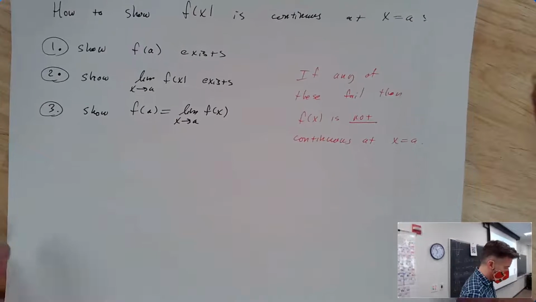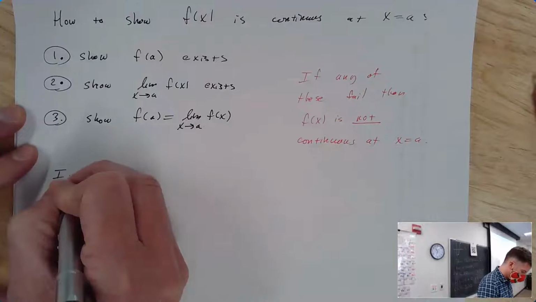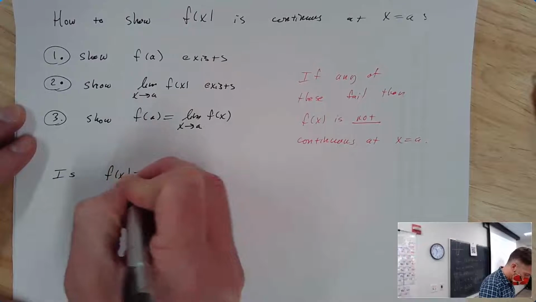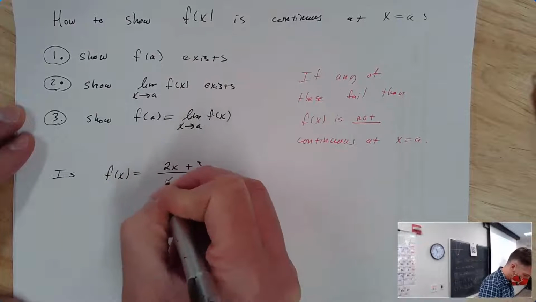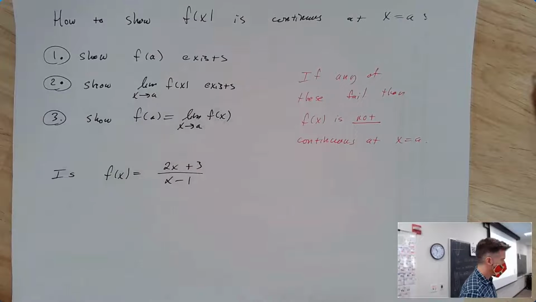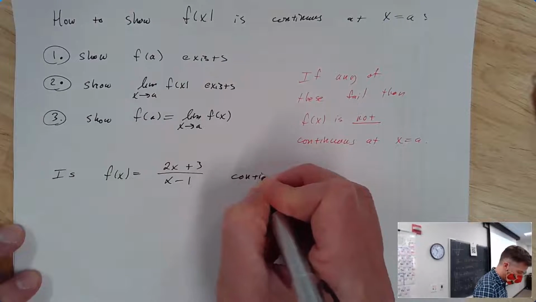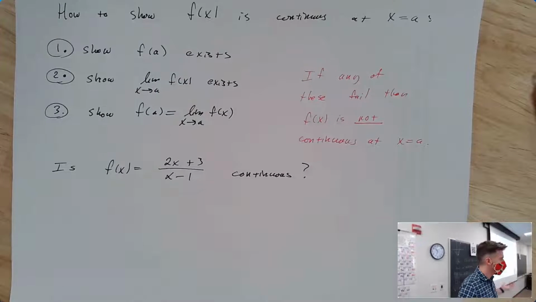Just a little bit about language here. For example, say f of x equal to 2x plus 3 over x minus 1. If I ask the question, is f of x equal to 2x plus 3 over x minus 1 continuous? What's the answer? Well, the not very nuanced answer is no, it's not continuous.